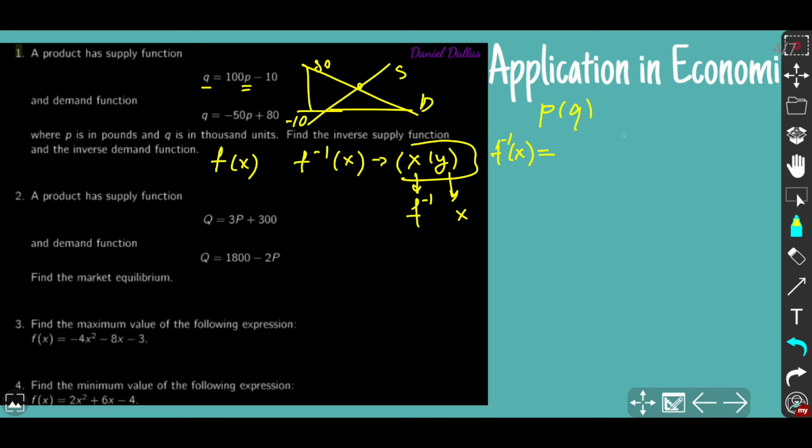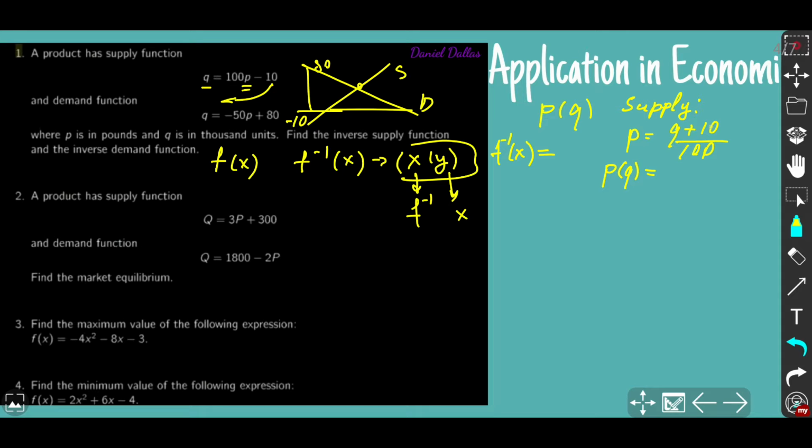Let's express it from supply. So for supply, it simply becomes p equals 2. So you transfer -10 to the left side, you've got q plus 10, and finally you need to divide by 100. So that's already the inverse function because right now you have p from q, but if you want, you can divide each part by 100 in order to get the standard equation of a straight line.